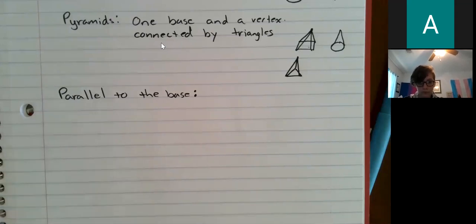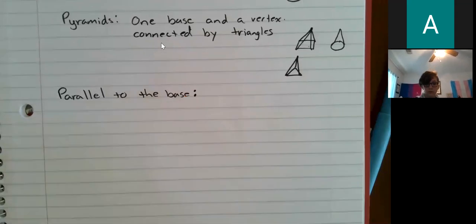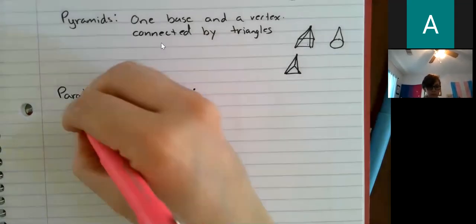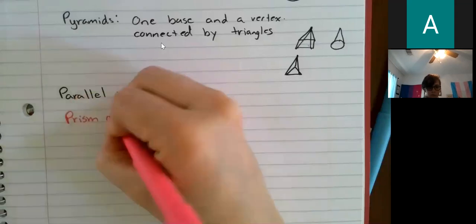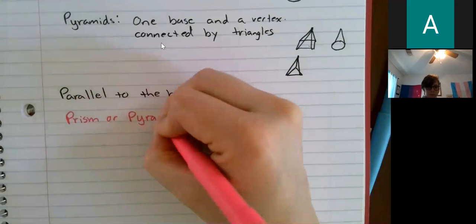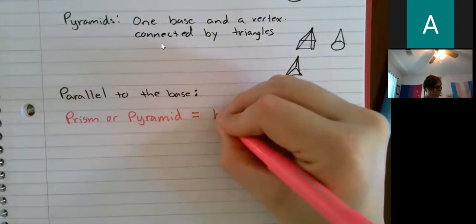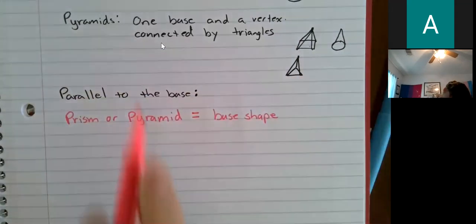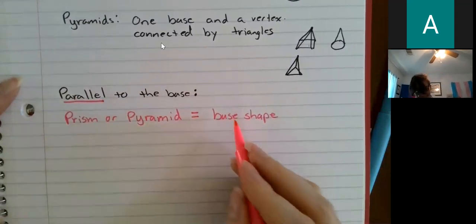So whenever you are doing a parallel to the base kind of cut, you're going to get the base shape. So whether it's a prism or pyramid, it does not matter. For a prism or pyramid, it'll equal the base shape. As long as it's parallel, you're gonna get your base shape.